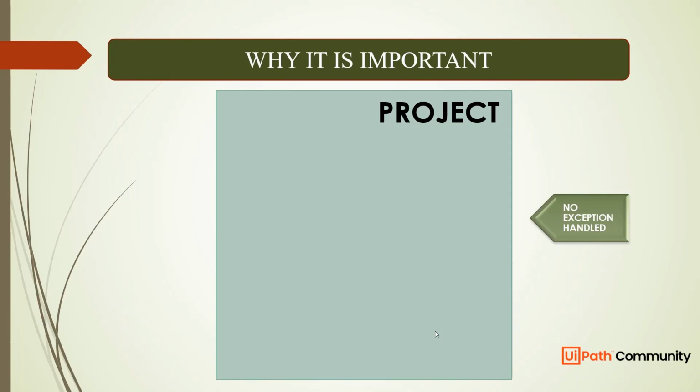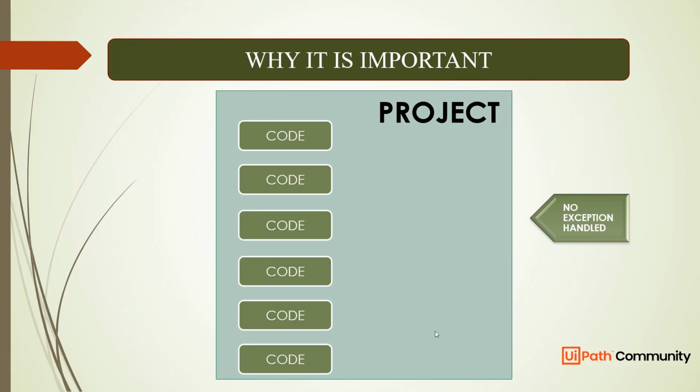Now, why is exception handling important? I have been telling you that as a developer, you should always handle exceptions. The question you might ask is, okay Mukesh, you say exception handling is important, give me one reason. Let me give you the very first reason. Assume this blue box is my project, and in my project I have multiple code pieces written. All of these code pieces together complete my project. Now, what happens if any code piece in the entire automation breaks?